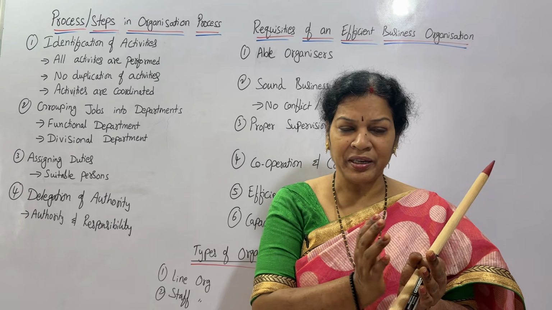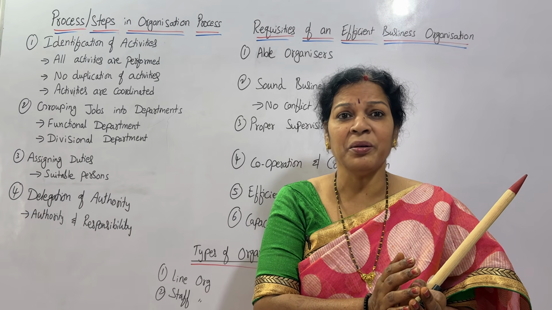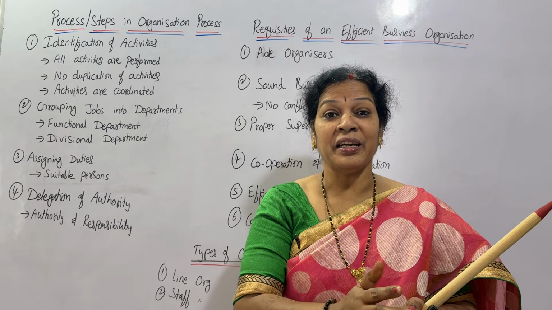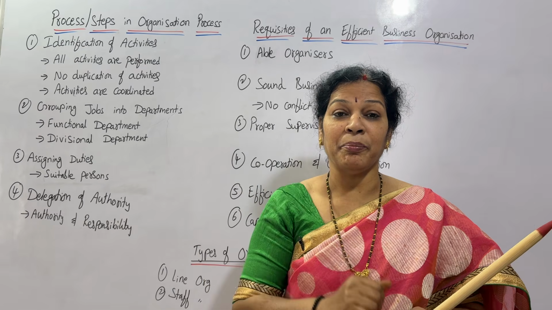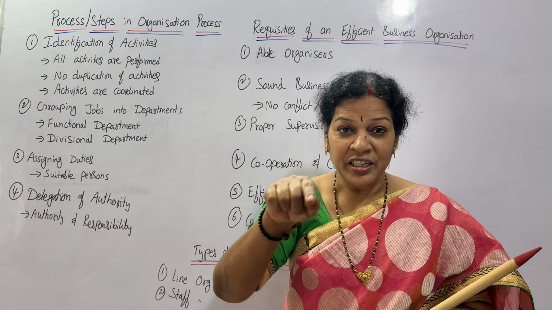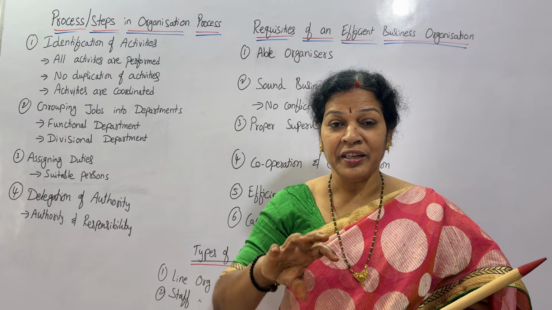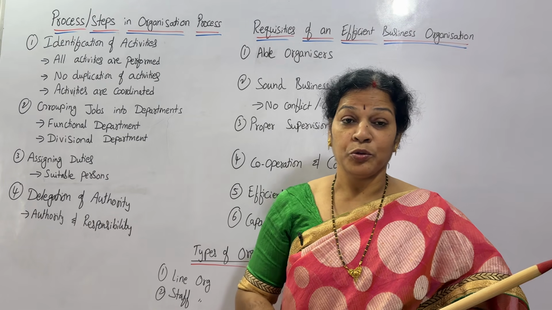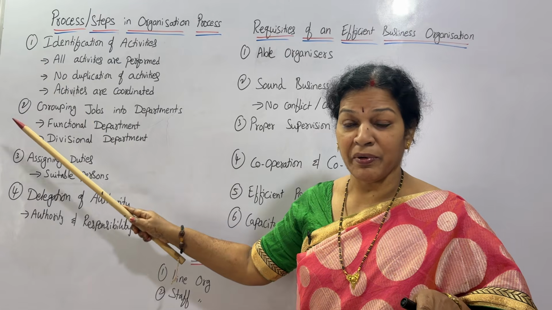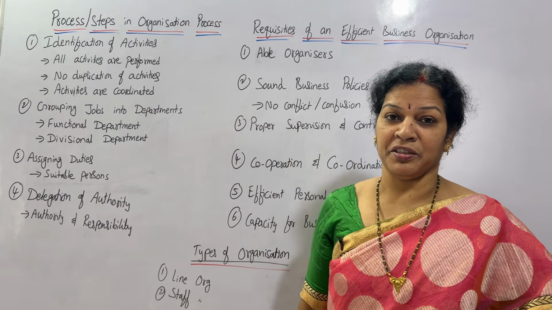Are you getting it? One activity that I have finished does not mean everything is completed. It is interlinked with another department's activity. Each and every activity is to be coordinated and interrelated. So this is step number 1, identification of activities.